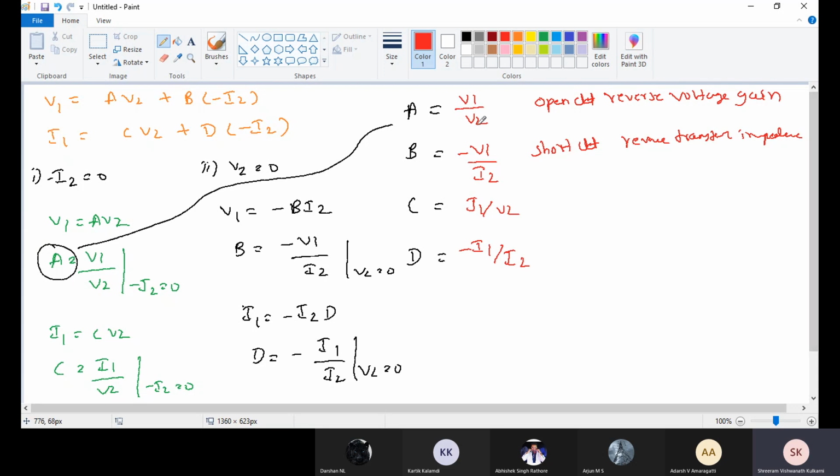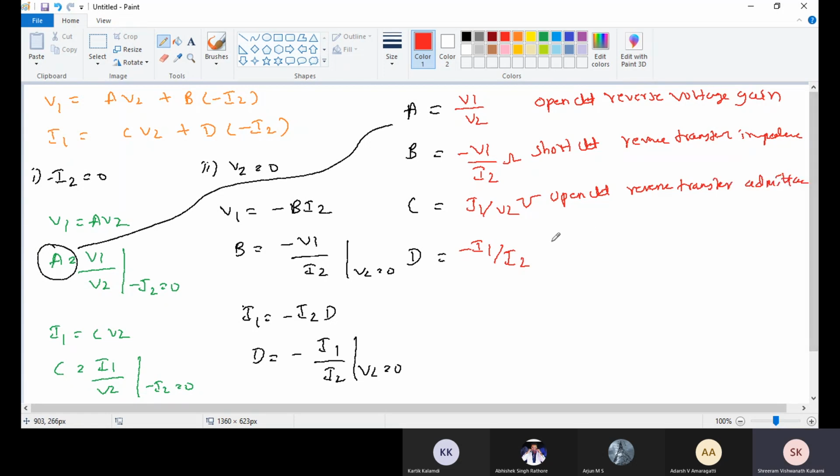Okay, here V1 by V2, no unit. V1 by I2, that is impedance. Here I1 by V2, that is admittance. I1 by I2, no unit. So similarly, C is open circuit reverse transfer admittance.